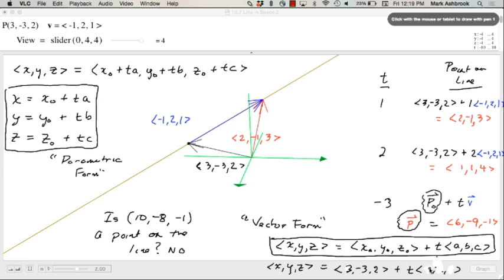I could do negative 2, 4, 2. It's got to be parallel, right? I've got to have a parallel vector to this one. So negative 2, 4, 2. How about negative 200, 400, 200? Okay. How about 1,000, negative 2,000, 1,000?